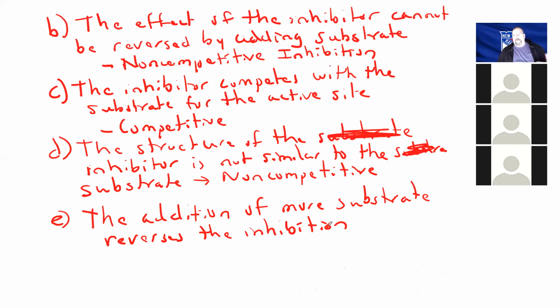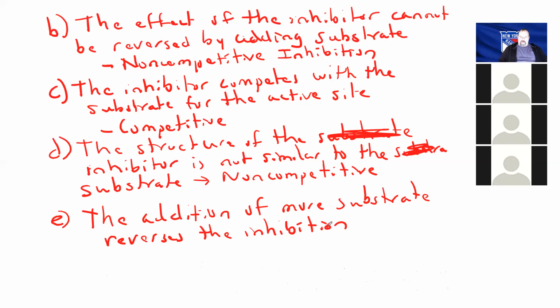And you could add substrate all day long. That substrate is not going to become attached to the active site. Now, you could add a chemical reagent that has the potential of removing the inhibitor from the enzyme. And the enzyme could go back to its original shape.